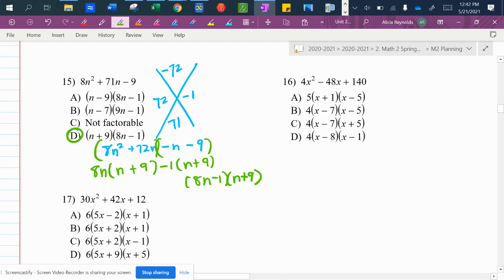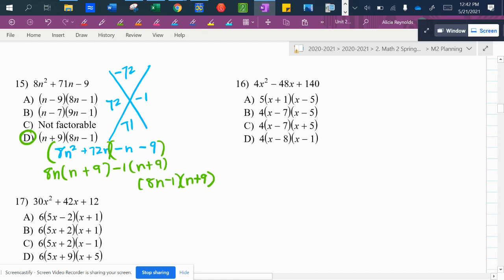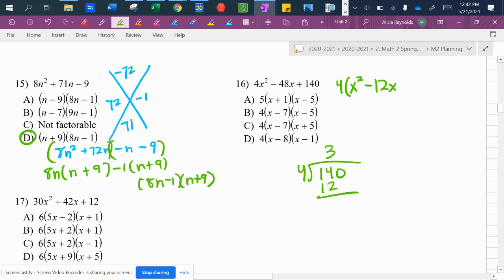We should always look for a GCF when we're factoring. So our GCF here is going to be 4. So I get x squared, 48 divided by 4 is 12. And 140 divided by 4 is going to be, I'm not going to try and do that in my head. I don't have a calculator nearby. So we get 3, 12, 20, 35.